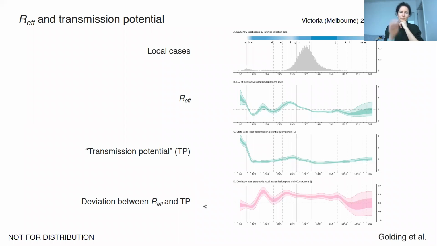And that positive deviation between ref and TP was representing the fact that transmission was in groups of individuals with higher rates of contact than expected from the general population. And so we saw this strong deviation between ref and TP above zero for the entire outbreak, essentially, until it was brought under control.